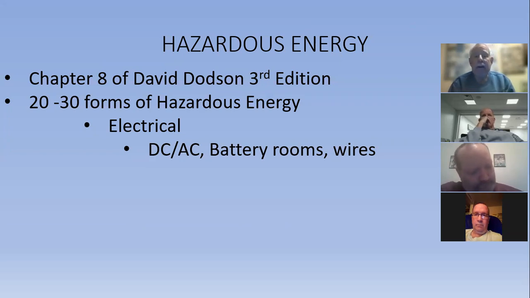They probably won't have hazardous energy on every incident scene, but we have to think about it and look for it. Hazardous energy is something that, if it uncoils or releases, could cause a serious injury or a fatality to our first responders or to any victims.